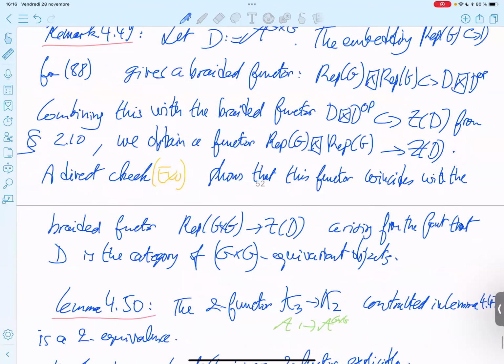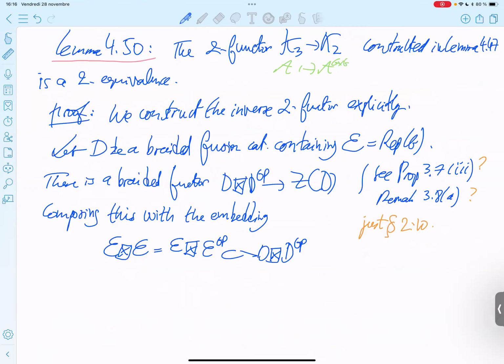Anyway, you compose with that and you get an embedding of E tensor E into the Drinfeld center.